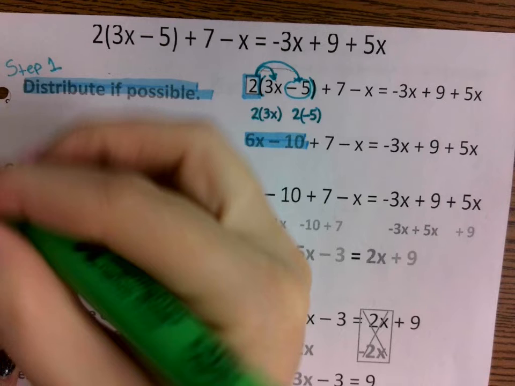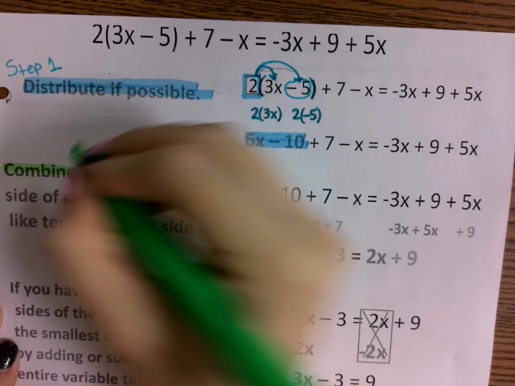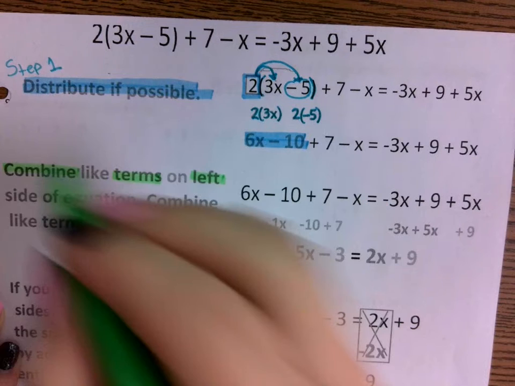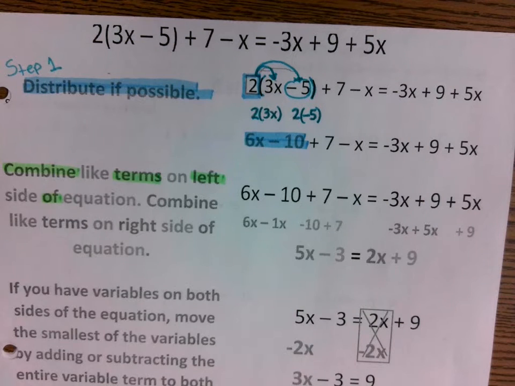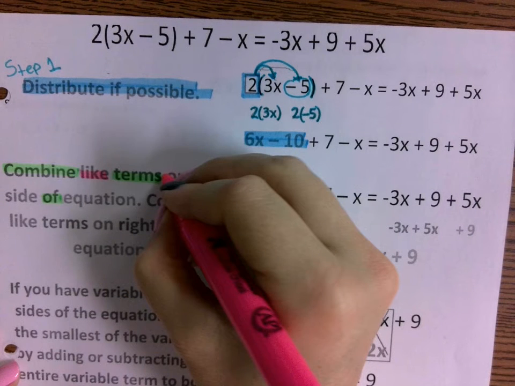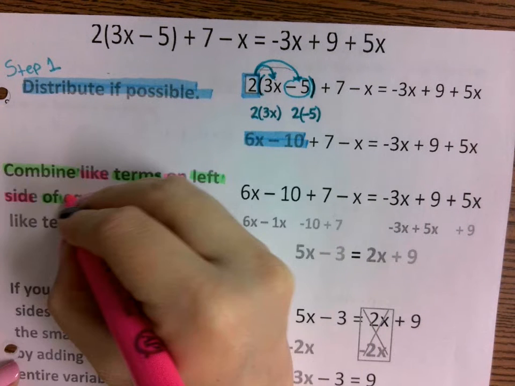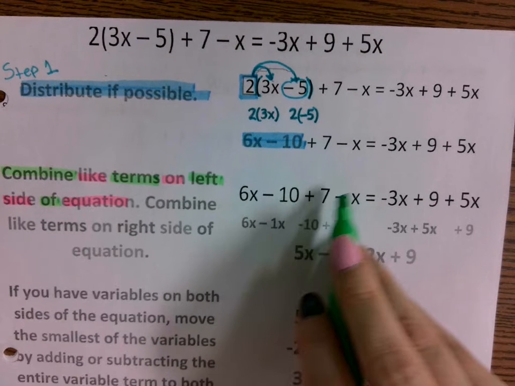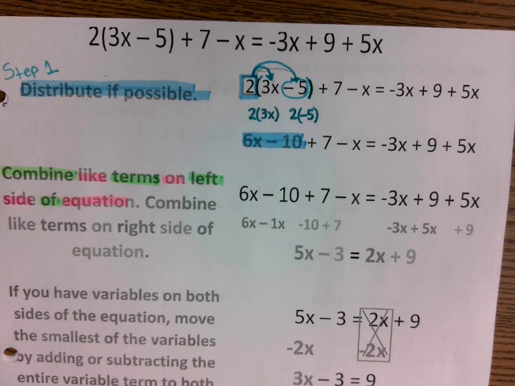Highlight like I am, because the left side is showcasing combining like terms in pink and green, because you've got variable terms that you'll highlight and you've got non-variable terms called constants that can be combined together. So that's on the left side.